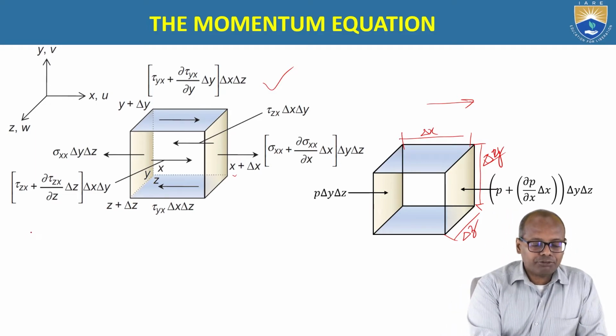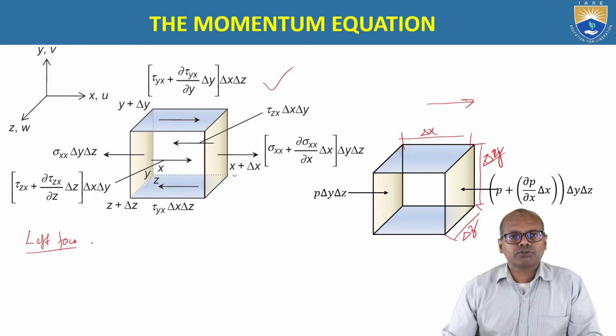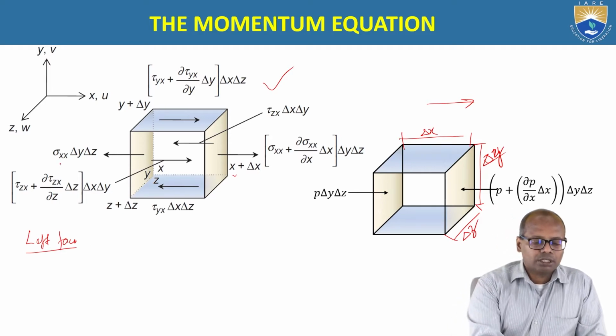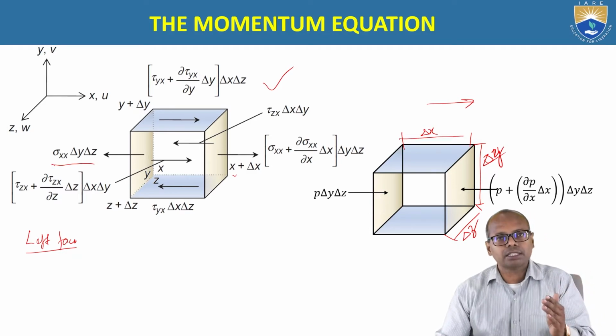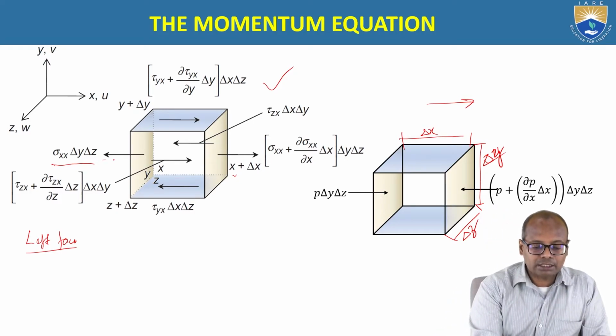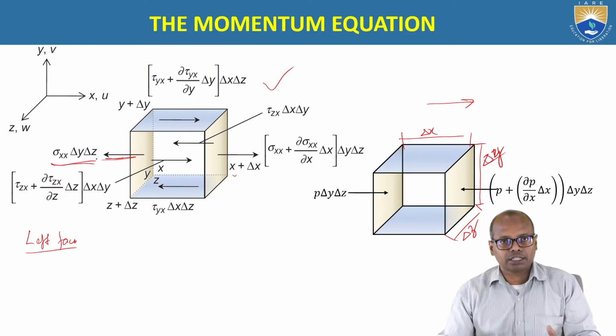Suppose you are considering the left face. On the left face, what force is acting? This is sigma x, that is a stress into area perpendicular to the direction of x. So this is acting in this direction. The area perpendicular to this is delta y into delta z. So that is the force acting in x direction.